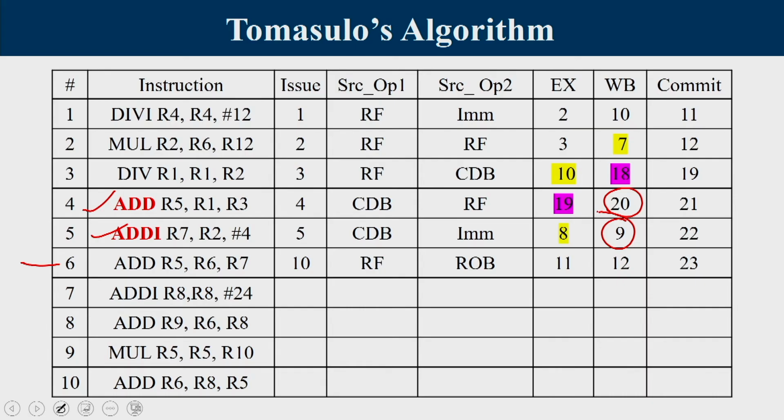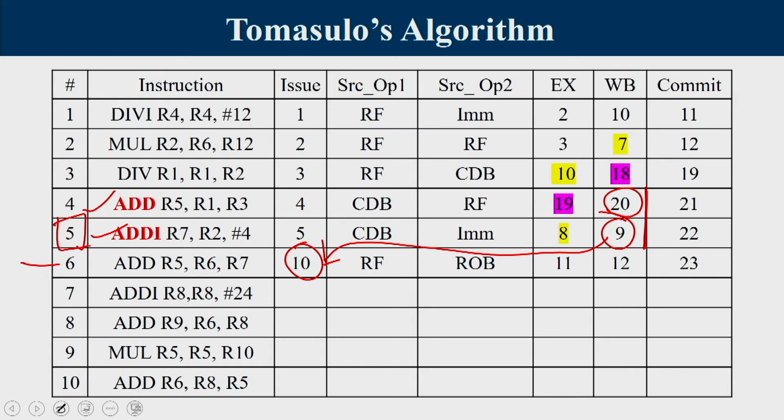So in that case I cannot issue because of lack of reservation station. So I have to wait till 10. This is how I get 10: only at 9 the reservation station entry is free. Till 9 instruction number 5 is occupying the reservation station, and it will be relieved from the reservation station when I write the result into the CDB. So at 10 only I can issue.